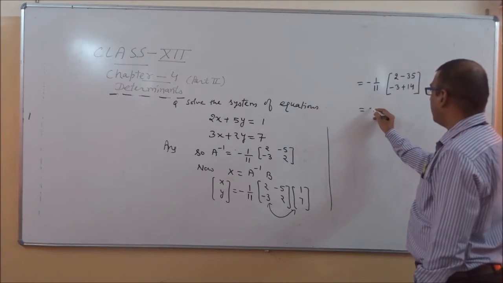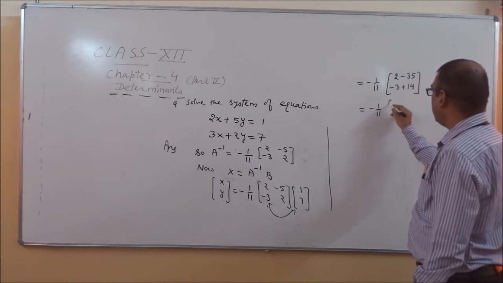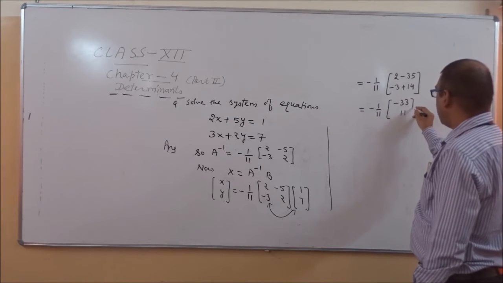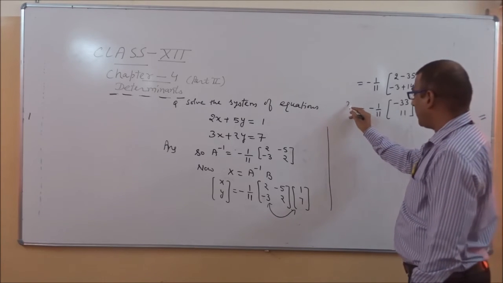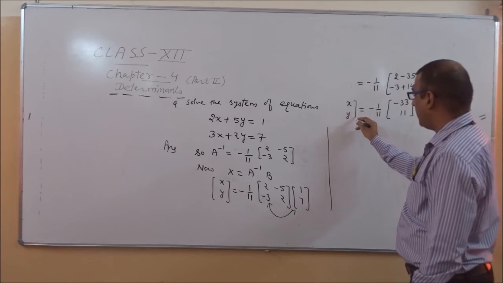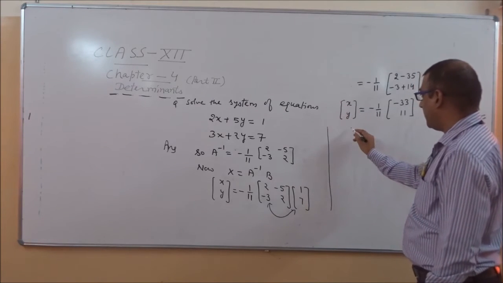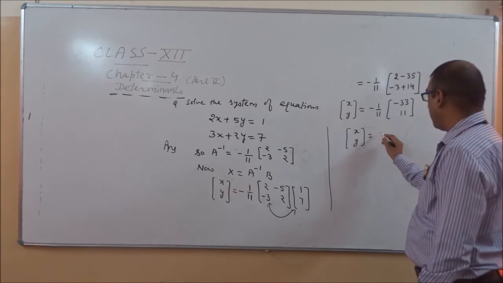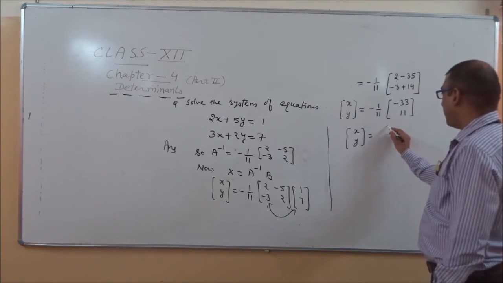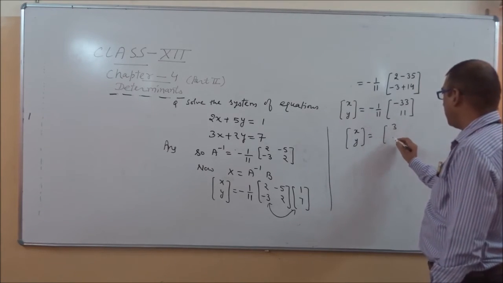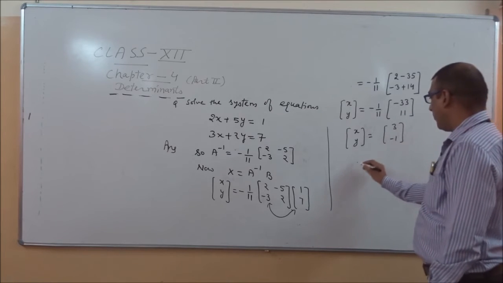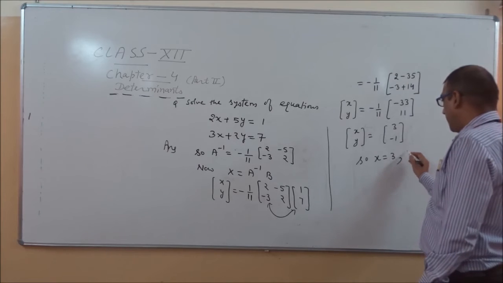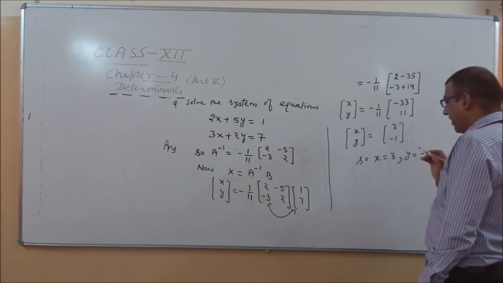So minus 1 upon 11 into minus 33 and 11, and x and y lie on your left hand side. So we will solve it. When we solve it, we will get 3 and minus 1. So we can say the value of x is 3 and the value of y is minus 1.